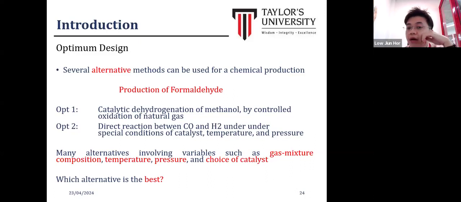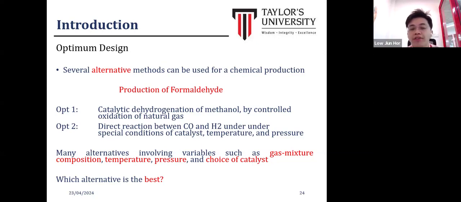As I told you just now, if we refer to the framework proposed by Peter, we need to identify the possible pathways, reactions or processes that we can apply to produce our product, formaldehyde. We need to do some literature review or Google a bit.